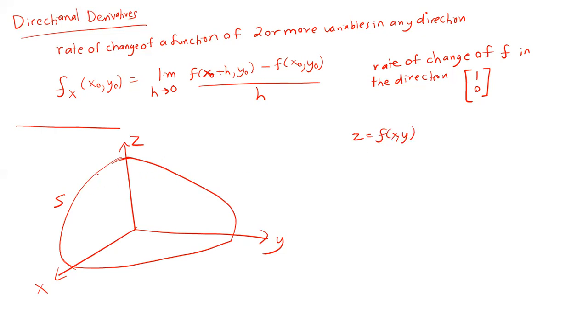And then we could look at this in the following way. So we're going to make an initial point, z0 equals f of x0 and y0. So let's find this initial point. So here's my point, z0.